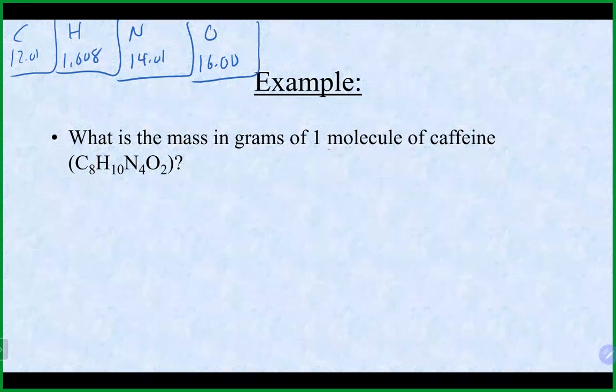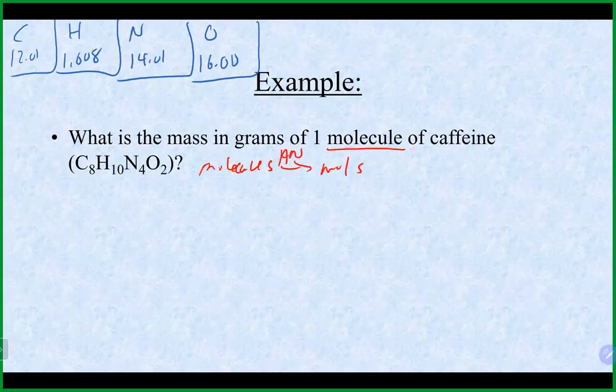So molecules is the key word that makes us think we should probably be using Avogadro's number here somewhere. Our pathway is going to take it from molecules to moles, and remember, that is Avogadro's number. And from moles to grams, which is our molar mass number. So at some point here, we will need the molar mass of this guy.